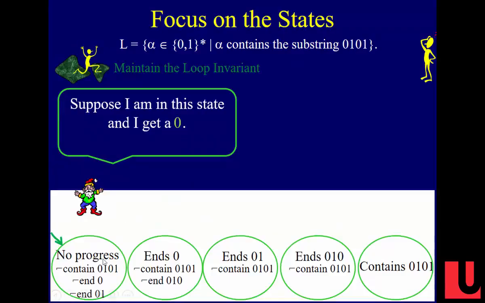Suppose I'm in this state and I get a 0. What state do I go into? Because if I've made no progress, any string that's a no progress string, if I get a 0, I know it ends in 0. And if I get a 1, still no progress. That 1 wasn't useful. People buy that?